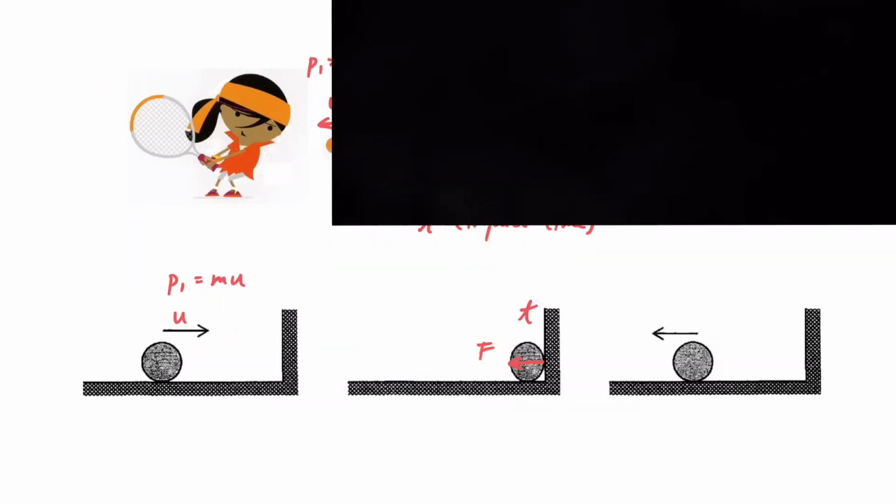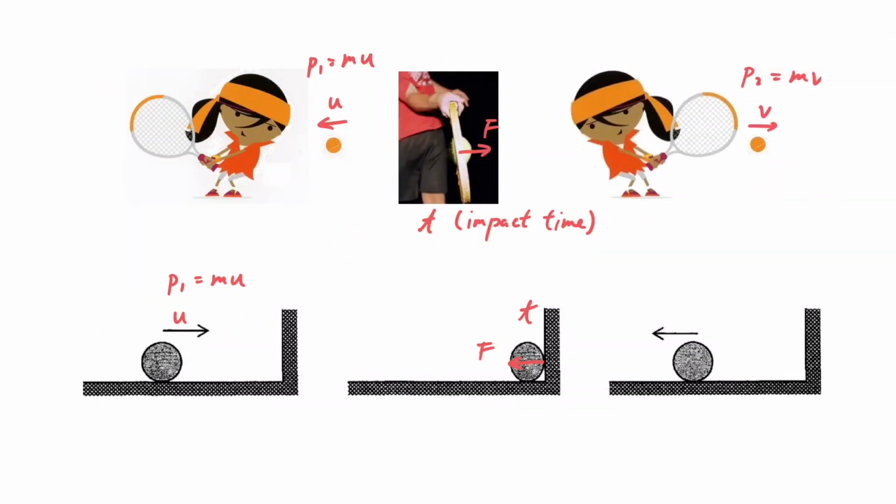The t is the duration of the object hitting or touching the wall or something, so that it will bounce back later on. And then it moves back with the final velocity, so we will have another momentum in this case.